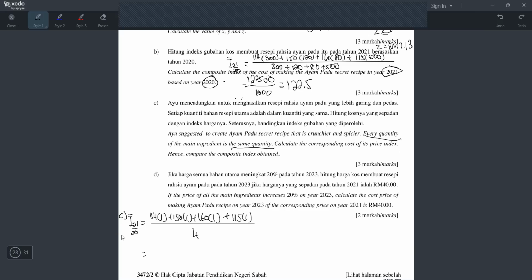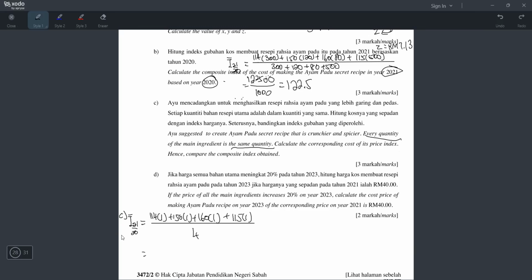So let's press 114 plus 150 plus 160 plus 115 and then divide by 4. Okay, my calculator gives me 134.75. Hey, did I do it correctly? Let's press again. 114 plus 150 plus 160 plus 115. Hey, why is it different from the scheme?